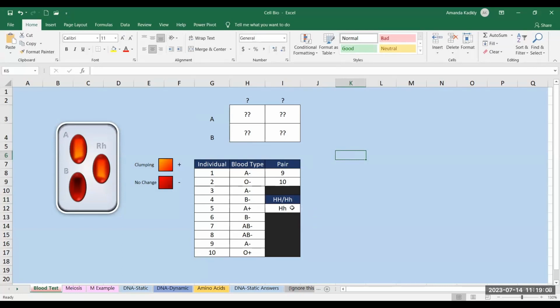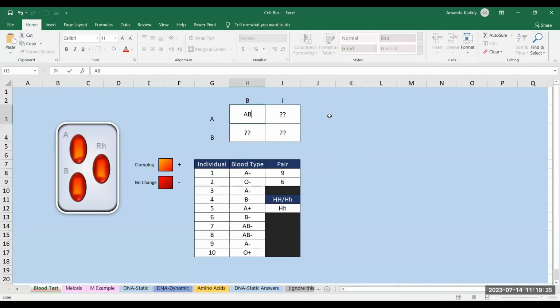So in that case, we would just look at whether it's got 2 capital H's listed here, or capital H and lowercase h. So in this case, we have the heterozygous genotype. So basically a carrier of the type O blood type.